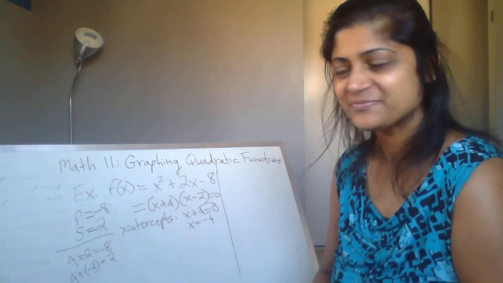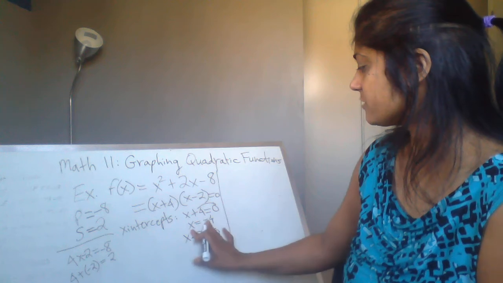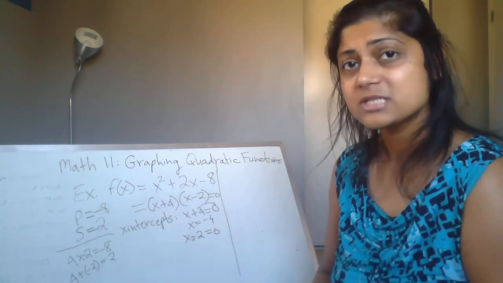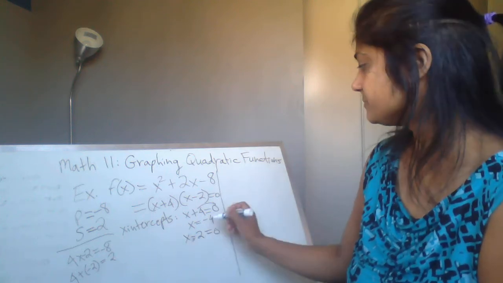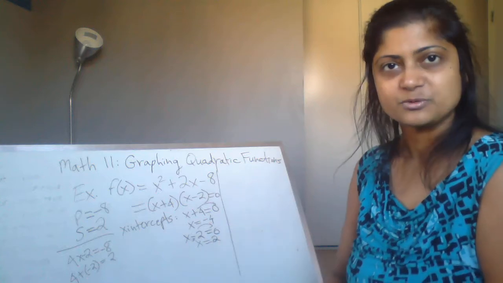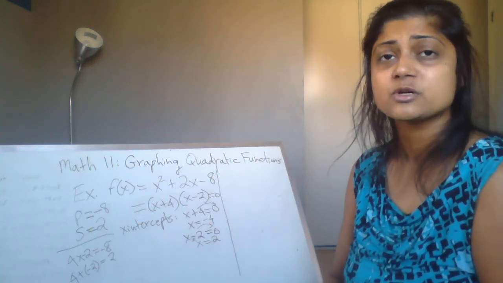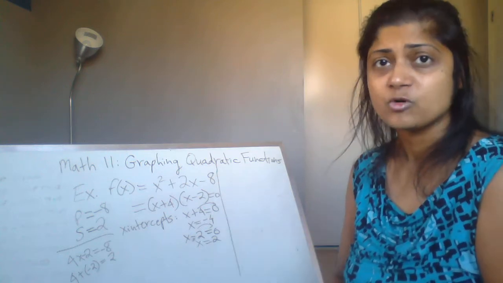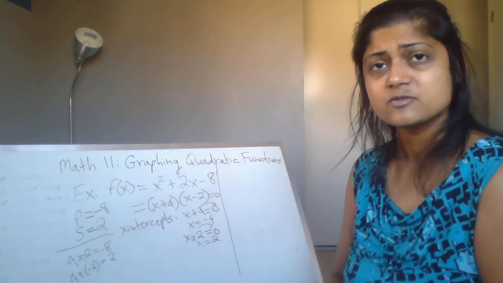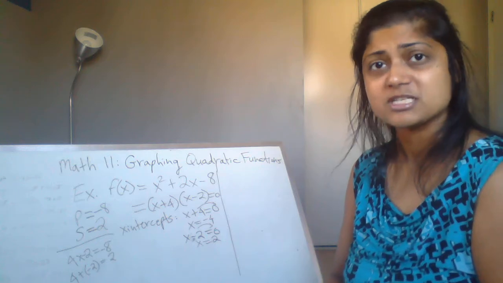The same thing with x minus 2 equals 0. When you take it to the other side, you change the sign, so x equals positive 2. So these are my x-intercepts, and I can see that the x-intercepts are coming from the factored form of the quadratic function. I got x equals negative 4 and x equals positive 2.